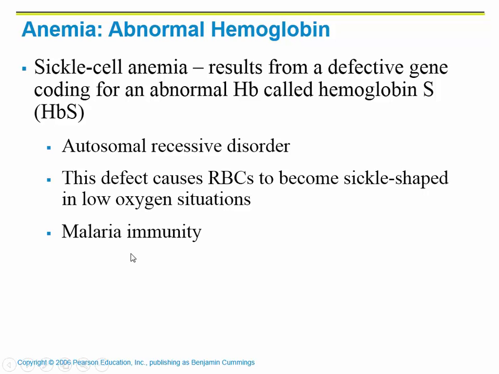Now, we find sickle cell anemia in America mostly in African Americans, because in Africa, where their ancestors came from, they have a problem with malaria. And so evolutionarily speaking, what happened is they evolved to have sickle cell anemia because sickle cell anemia gives you a malarial immunity.